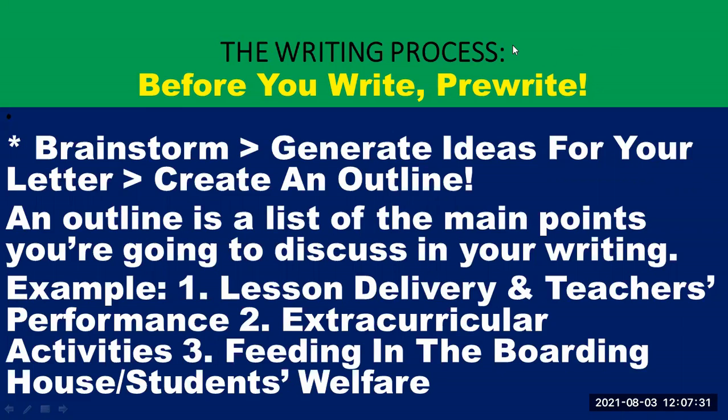An outline is simply a rough list of the main points you want to discuss in your letter. What do you do? You simply think about the content, because your outline should be based on the content of the letter, which incidentally you're already given.